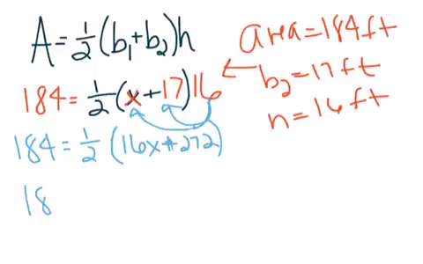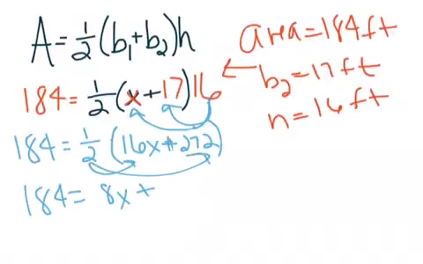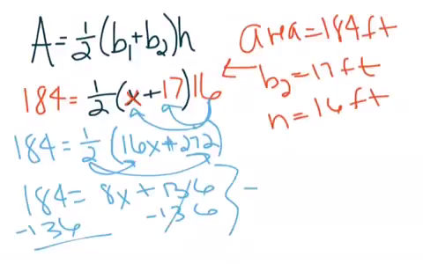So 184 equals 1/2 of 16x, which is going to be 8x, plus 1/2 of 272, which is going to be 136. I'm going to subtract 136 on both sides. Cancel that out, so now it's going to equal 184 minus 136, which is 48.